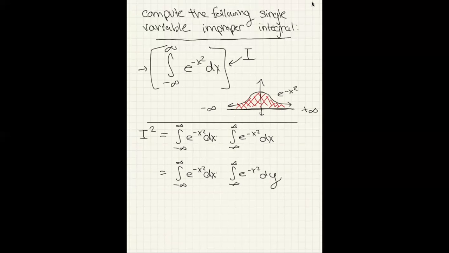Now, if you notice, this quantity right here is just I. This is a constant with respect to the variable y. So I can reverse factor out a quantity. I can factor this back in.